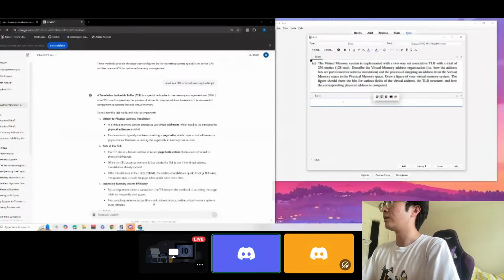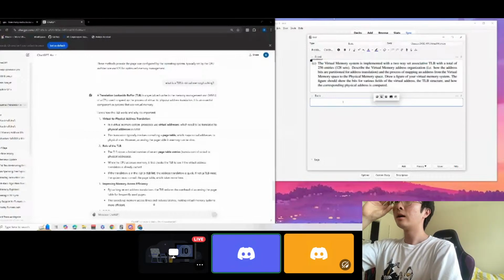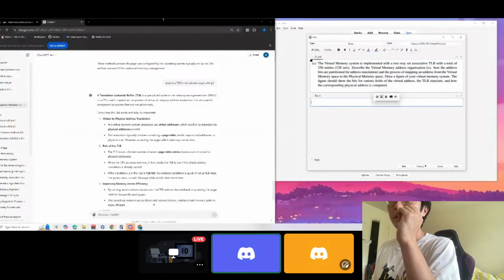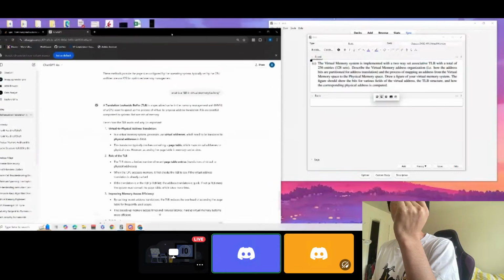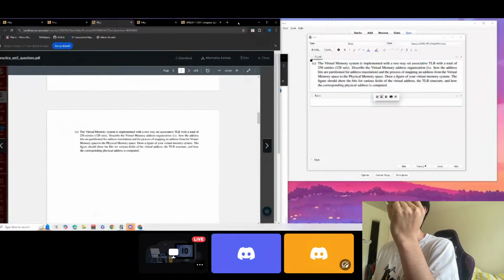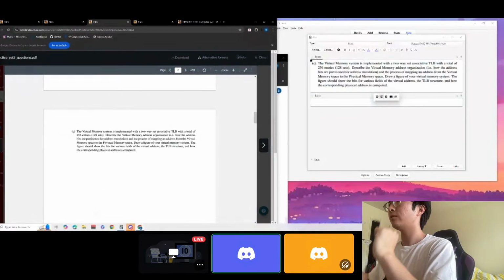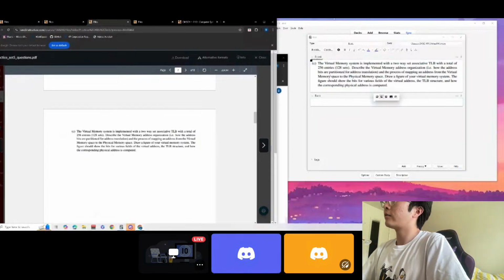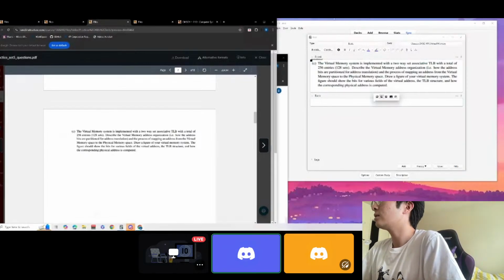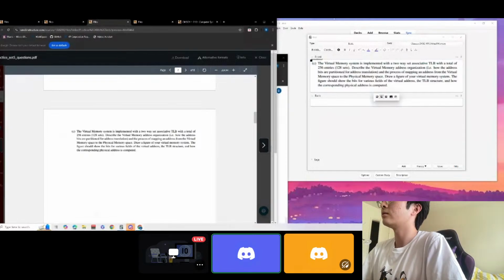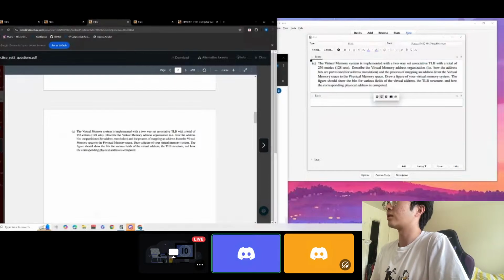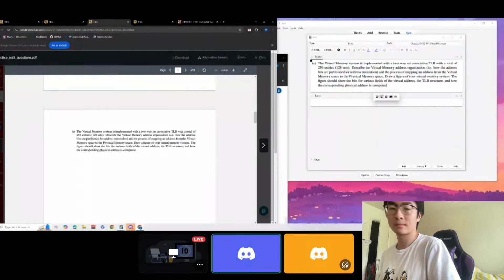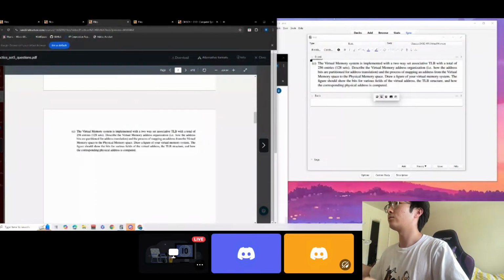Two-way set associative TLB, translation look-aside buffer, so it's a specialized cache. In this case, we're given the problem: virtual memory system, a two-way set associative translation look-aside buffer with a total of 256 entries, 128 sets. Okay, so there's 256 blocks and 128 sets.